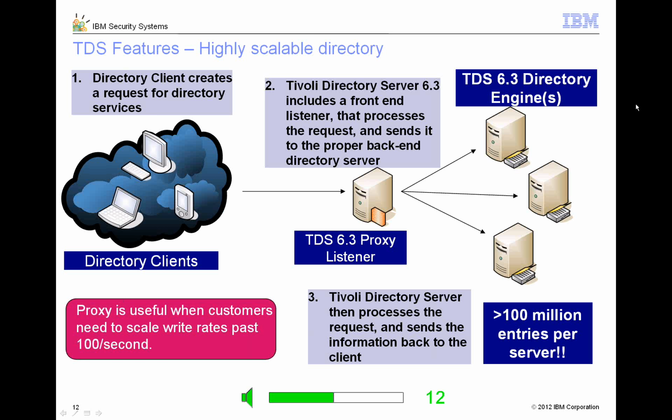It will communicate to the backend directory server instance and fetch the data for you and complete the request and response path. Right? So the way it goes is the directory client communicates with TDS proxy, which in turn communicates with the backend directory instances, and it gets the data and responds to the client.